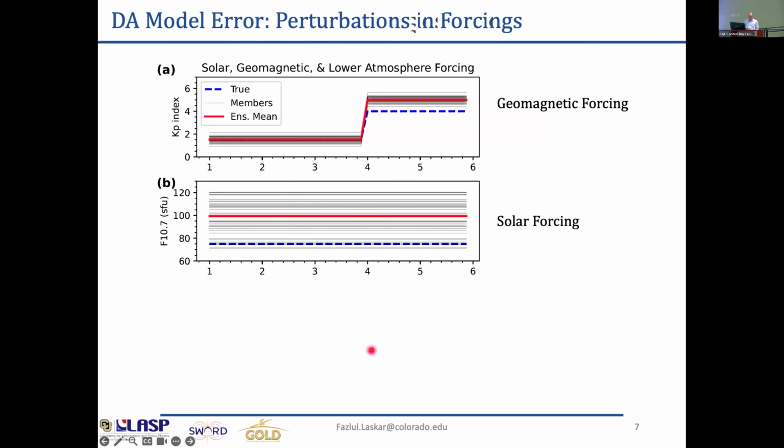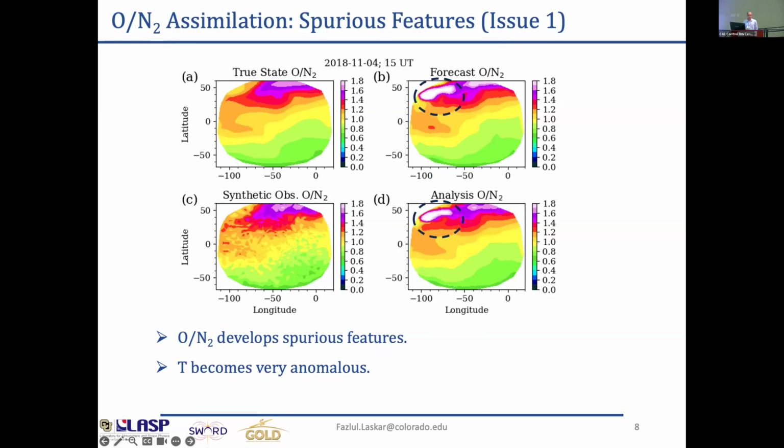And what we observed is, if we use the same perturbation for the O/N2, we come into several problems. In this case, what I'm showing are results from O/N2 assimilation, an OSSE experiment.